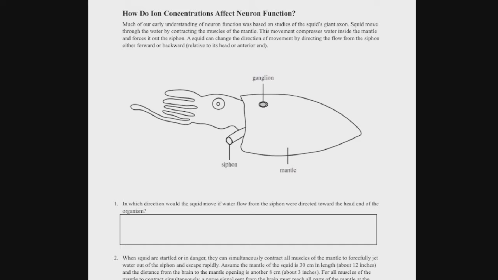As it's set up here, the squid would move backwards, or towards the tail end of it. And just to give you the flip side, conversely, if the siphon were directed backward so that it pointed toward the tail, the squid would move forward.